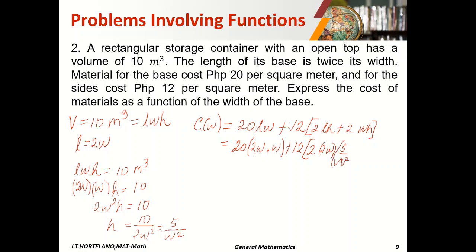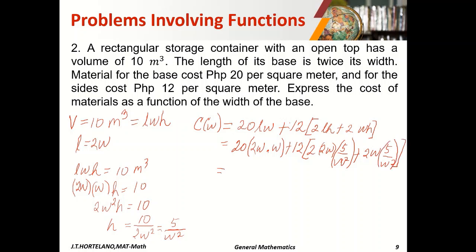Plus 2 times W times H is 5 over W squared.